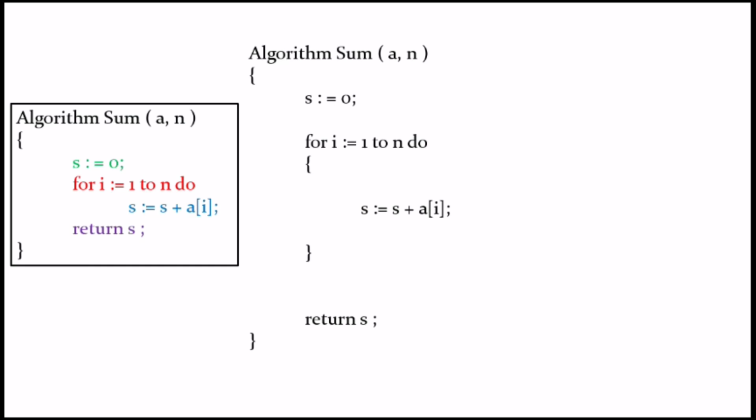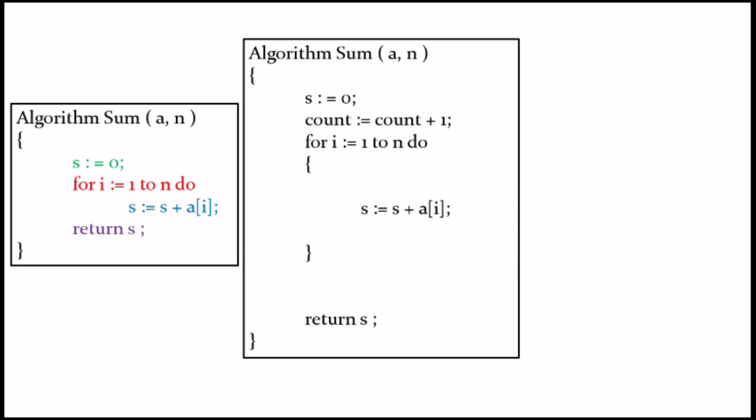Here we are initializing s to 0. That means we are performing one step. So for that we have to consider one step. In count we can add that step, so count will become count plus 1. That means basically we are taking s equal to 0 as one step.